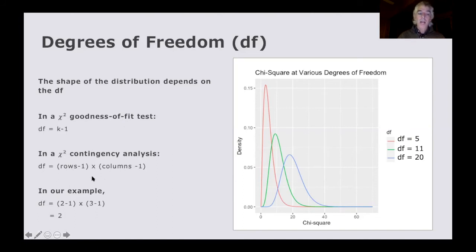So in our example, we had 2 rows and 3 columns. So 2 minus 1 multiplied by 3 minus 1 is equal to 2. So in our example of the fish being eaten by birds and being infected by trematodes, the degrees of freedom in our chi-squared analysis is 2.